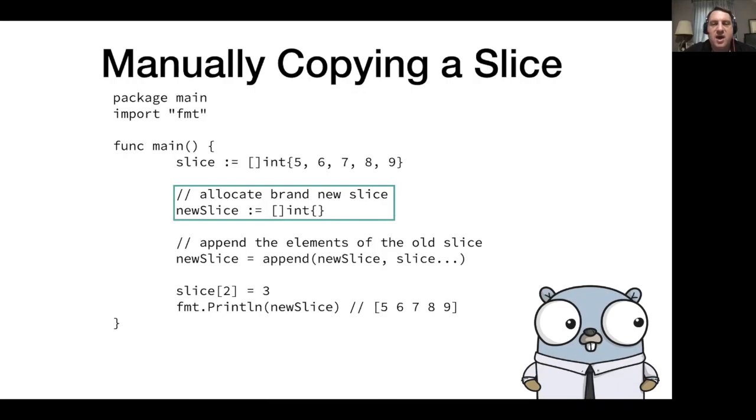And then after you have your brand new slice, you append the elements of the old slice onto your new slice. And so this will give you a new slice so that if you modify that second index 2 of the original slice, it will not modify our new slice because our new slice uses completely different storage.